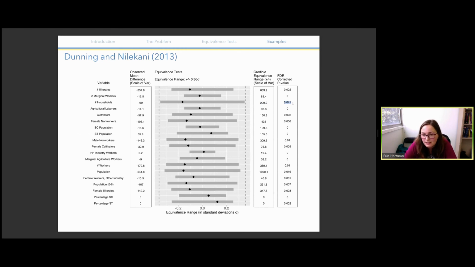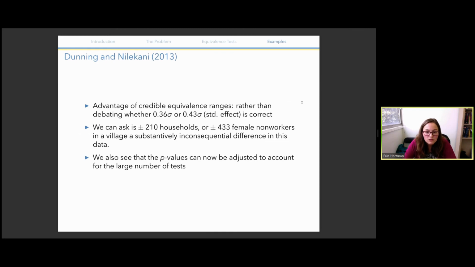So as evidence, we argue that there's balance on all of these characteristics. Once again, we think an advantage of the credible equivalence range is that rather than arguing over whether we should have used 0.36 standardized differences or the sensitivity approach, we can actually just ask, is plus or minus 210 households an inconsequential difference? And our p-values can also be adjusted to account for the large number of tests we conduct.